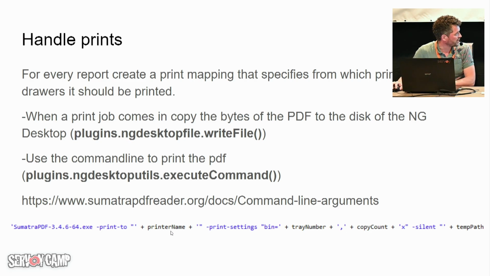You specify the printer name, the tray number, the amount of copies, and the path where the file is copied. And then the prints just start rolling out without any intervention from the user.